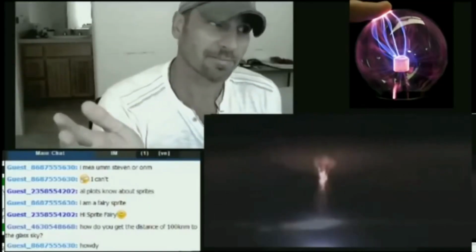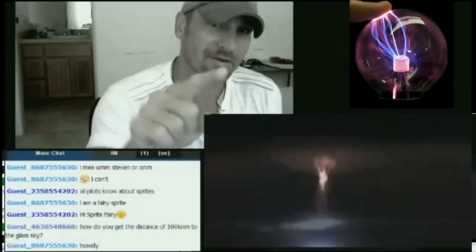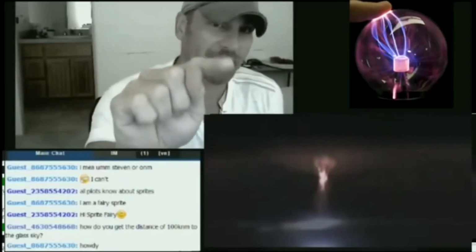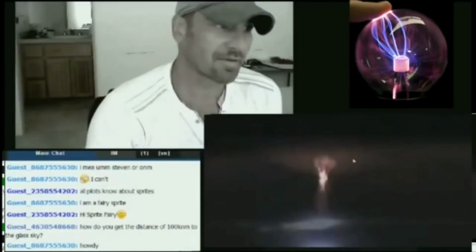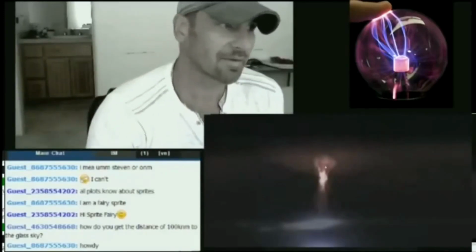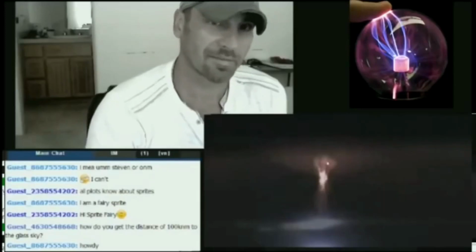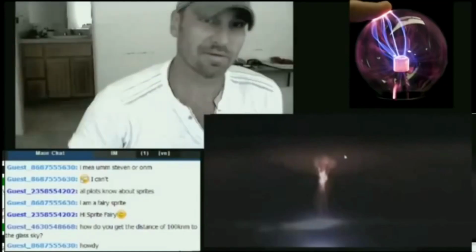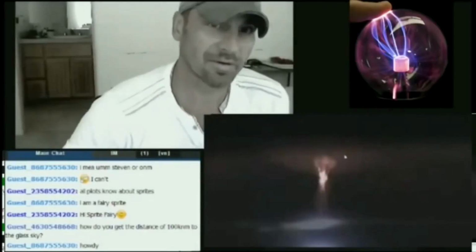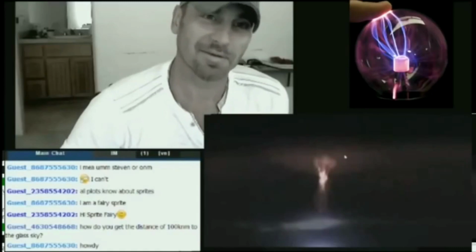That's what's going on. So the top of the sprite is like touching your finger on the glass of a plasma ball. It's the same concept. It's hitting the glass barrier. That's why the bottom end of auroras are at that same level, 100 kilometers. There's glass in the sky, folks.